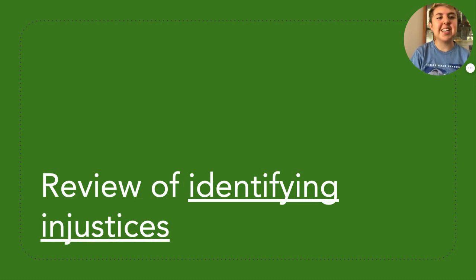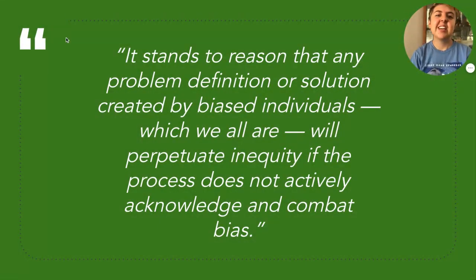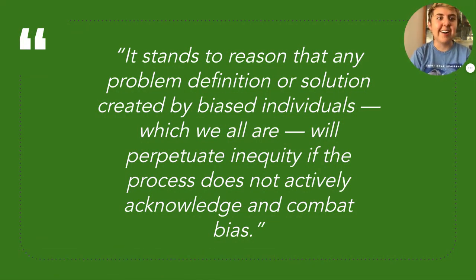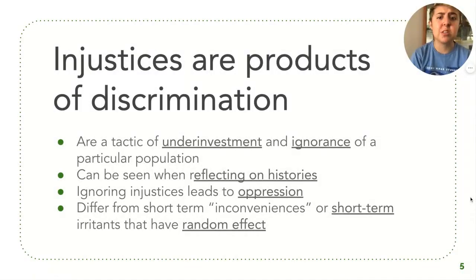So, review of identifying injustices. If we are biased, which we all are, we are likely to perpetuate it. And so critically understanding the things that we don't know is important if we are to move forward in a way that is community driven and will address these systemic issues. And knowing that injustices are products of discrimination is essential.